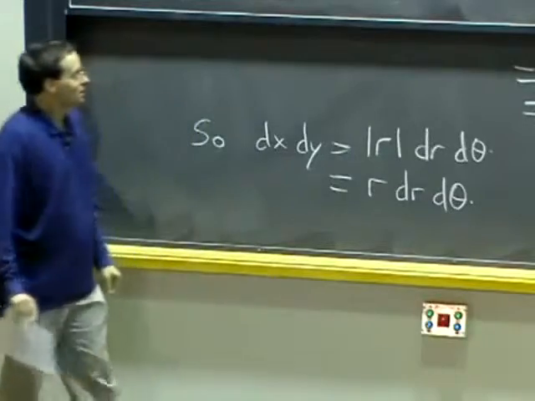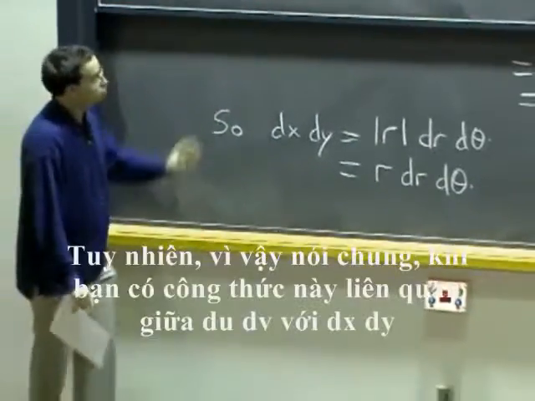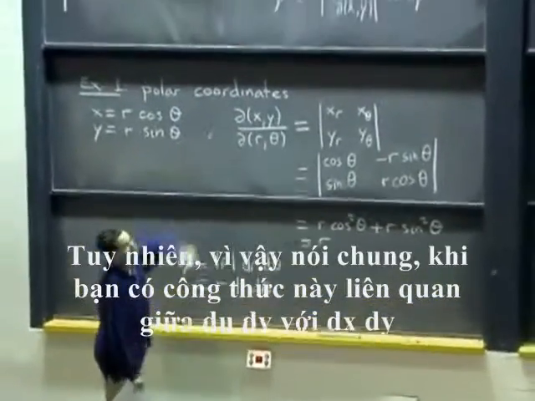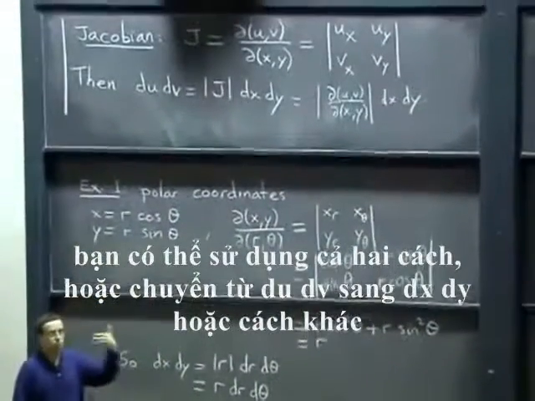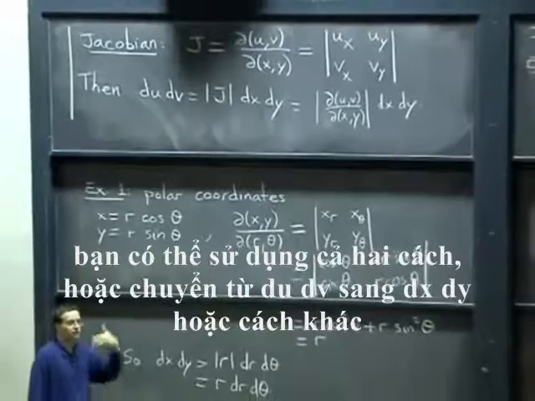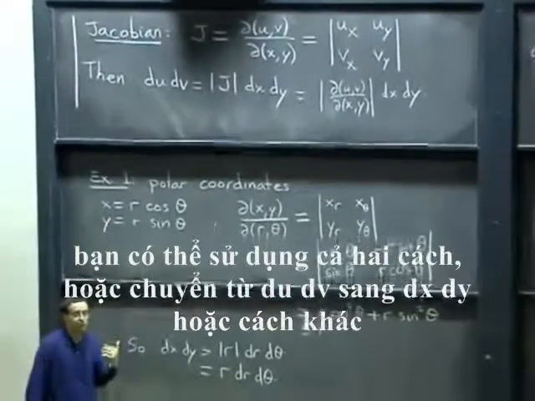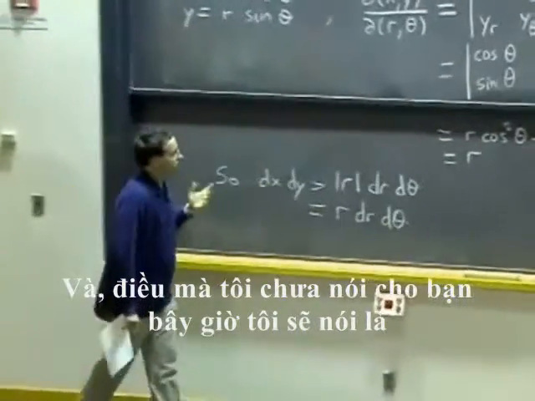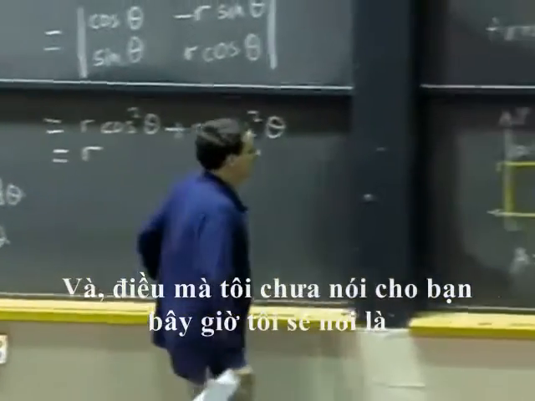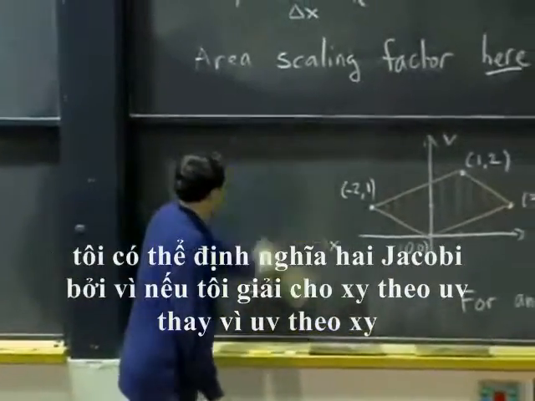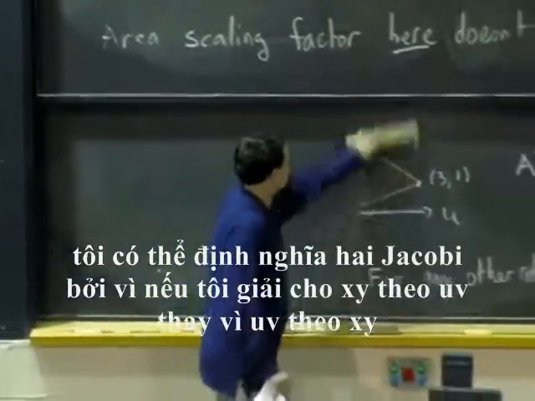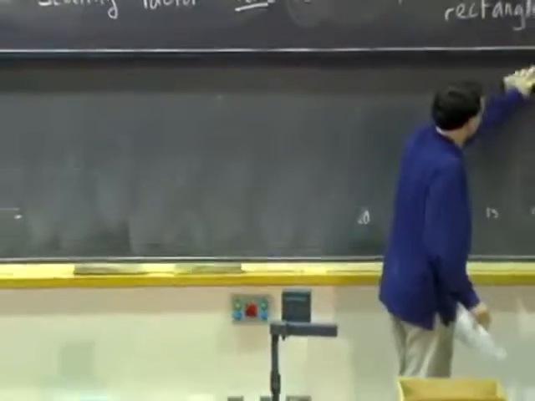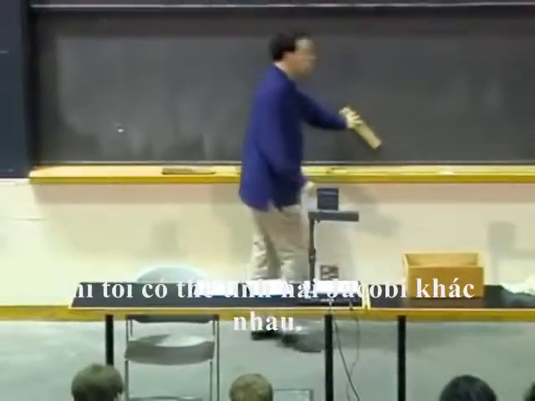But in general, when you have this formula relating du dv with dx dy, you can use it both ways, either to switch from du dv to dx dy or the other way around. And the thing that I'm not telling you, but now I should probably tell you, is that I could define two Jacobians, because if I solve for xy in terms of uv instead of uv in terms of xy, then I can compute two different Jacobians.